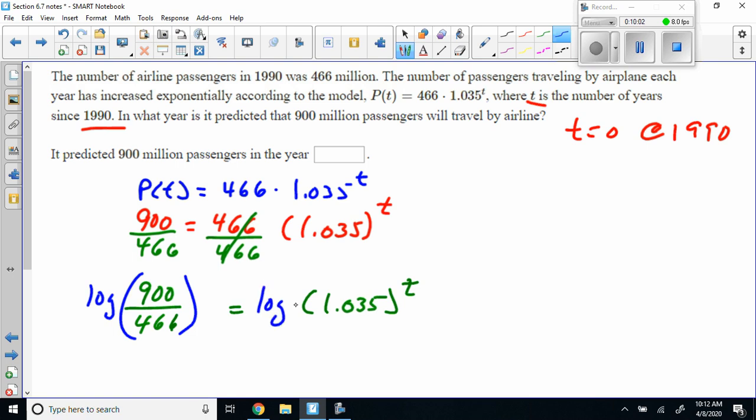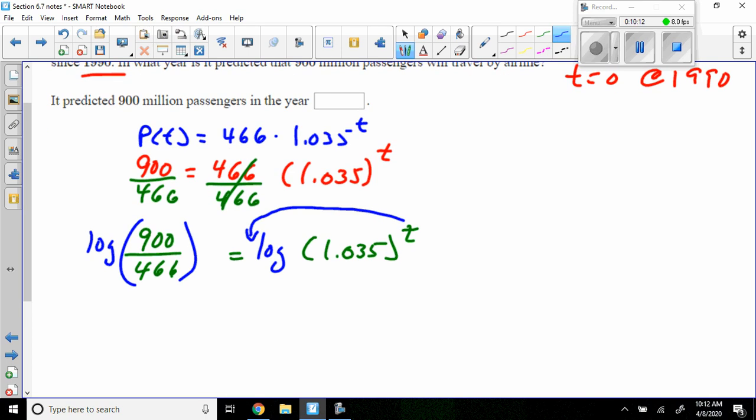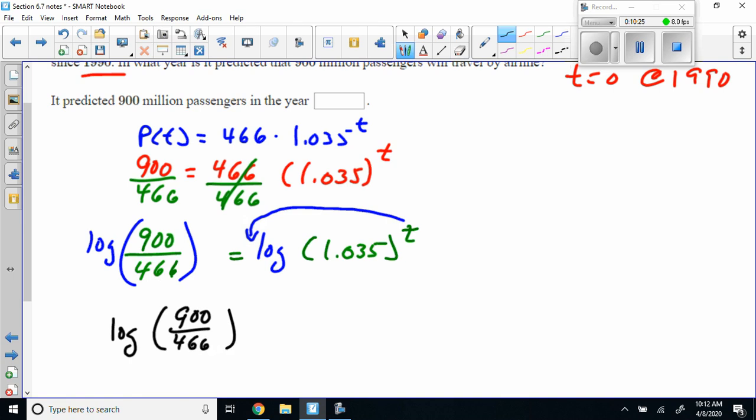This works 100% of the time. When I do the log of both sides, I'm going to bring this t and put it up there in front, the power property of a log. If you remember back in expanding and condensing logs, that's where that property shows up. That equals t times the log of 1.035.